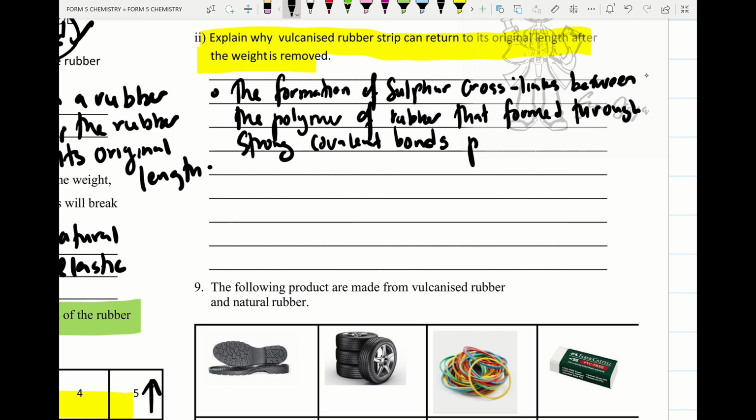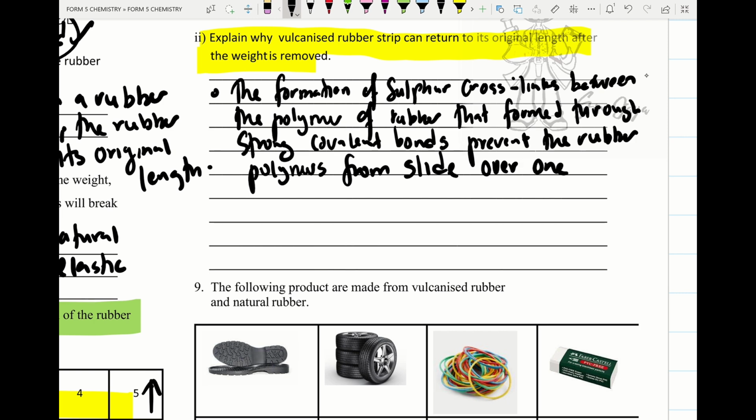Covalent bonds prevent the rubber polymers from sliding over one another and from becoming loose. All right, so this is the suitable answer that a student can write.